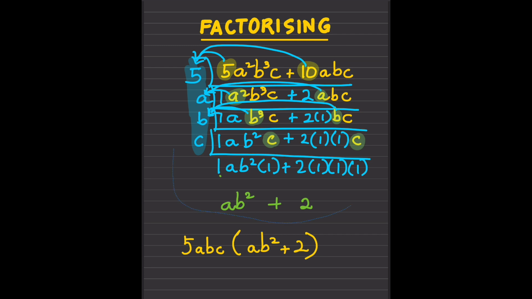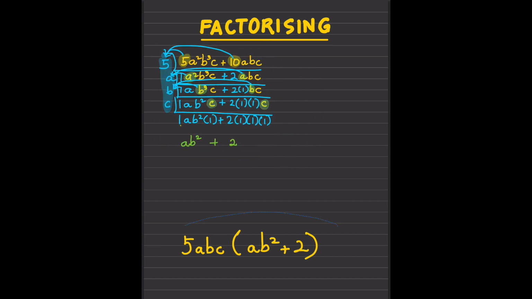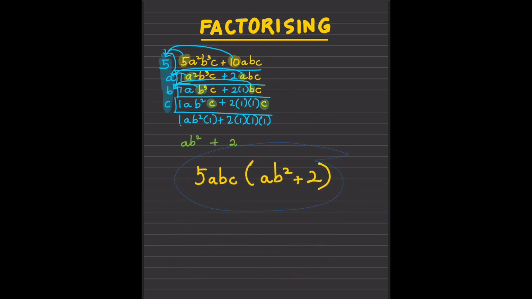Let's check. So let me just resize this so we have more space. Okay, put that over there. So how do we check if our answer is correct? We expand this. So let's expand.